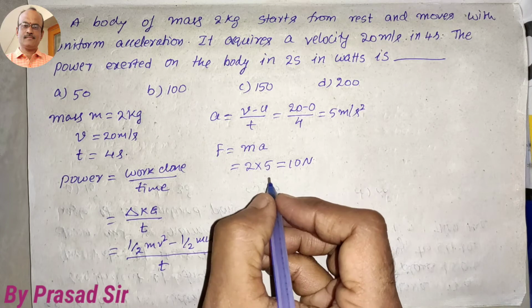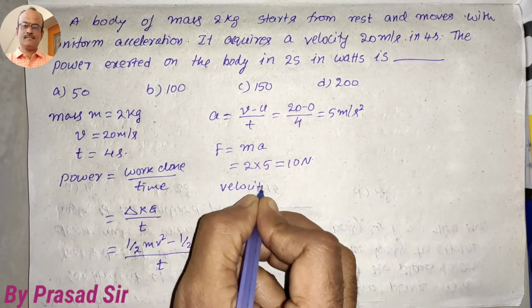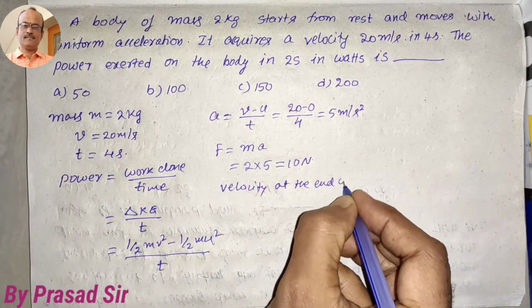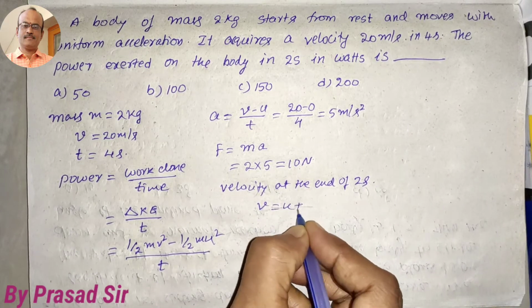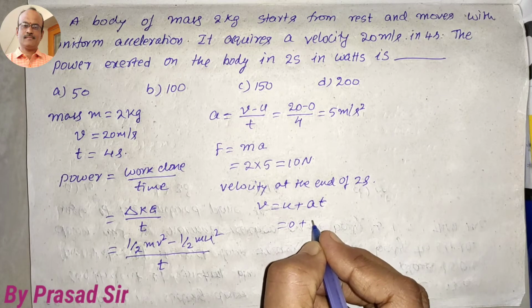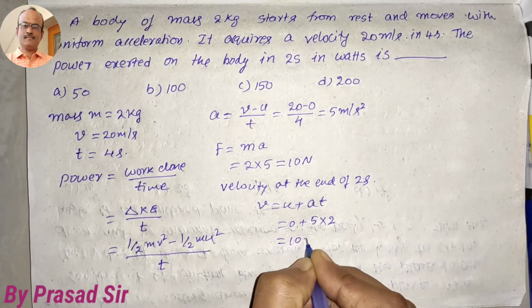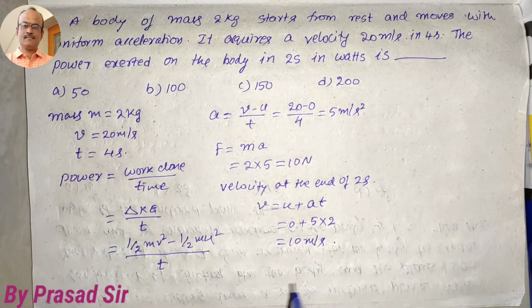But here, one thing to remember: the velocity at the end of 2 seconds. So v is equal to u plus at. u is 0, acceleration is 5, time is 2. So that means 10 meters per second. But here, power equals work done by time.